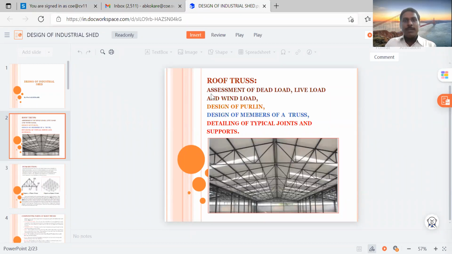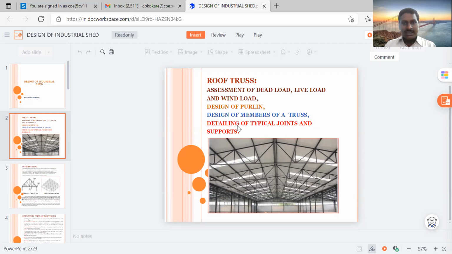So if you see here, the first is the assessment of dead load, live load and wind load. So a very important part in the design of steel structure or design of industrial shed, we have to assess the loads. So first is the dead load, live load and wind load. So how to assess these particular types of load, that we have to see here. Then in the industrial shed, we have to design the purlin.